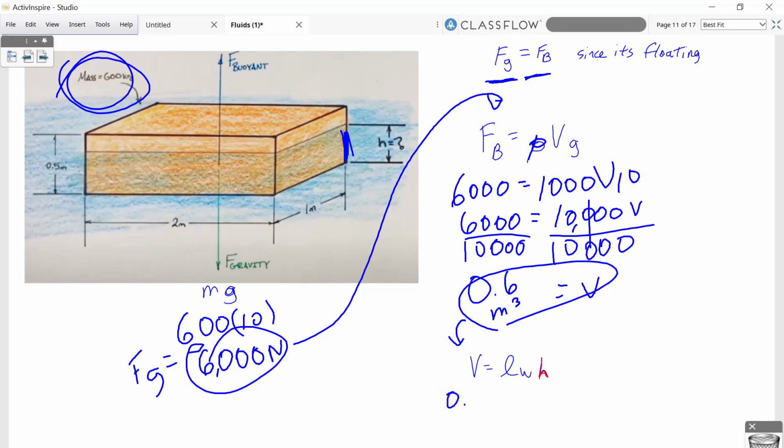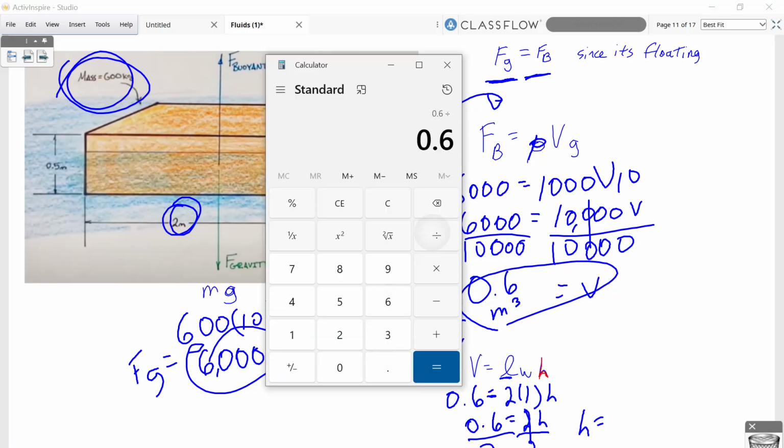So we have our volume, we just solved that. How much is the length? The length seems to be 2. The width is 1. And we're trying to figure out how much is submerged in water. So we're going to go ahead and multiply, divide, 0.6 divided by 2, and we get 0.3.